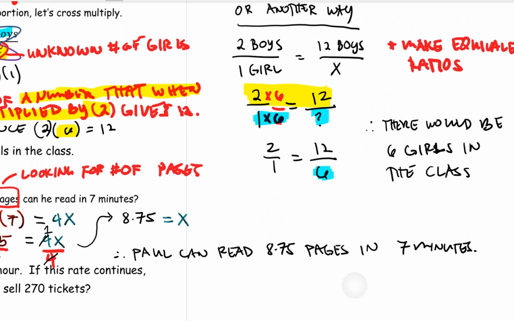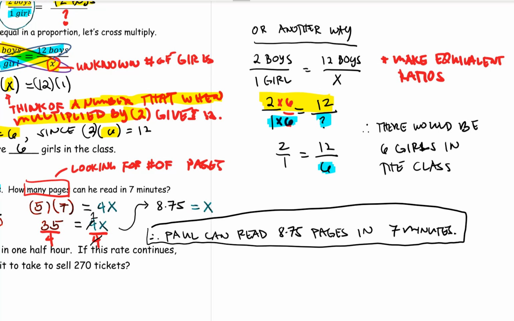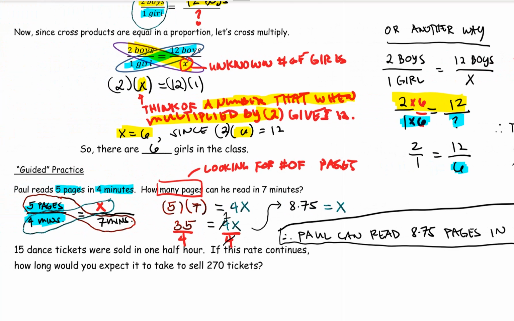Okay, so that would be your final answer. Paul can read 8.75 pages in 7 minutes. If you want to check, 4 times 8.75 should give you 35. So again, proportions are just an equation showing that the two ratios are equivalent.